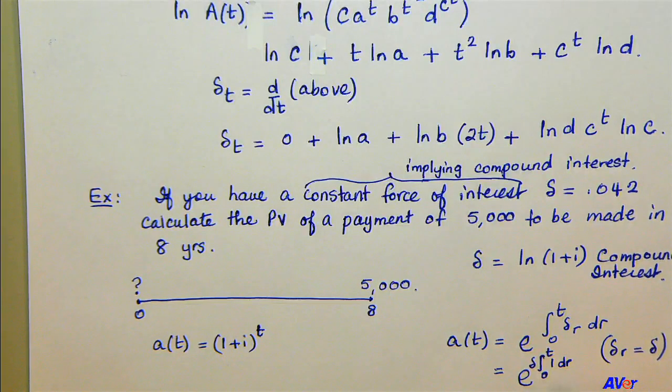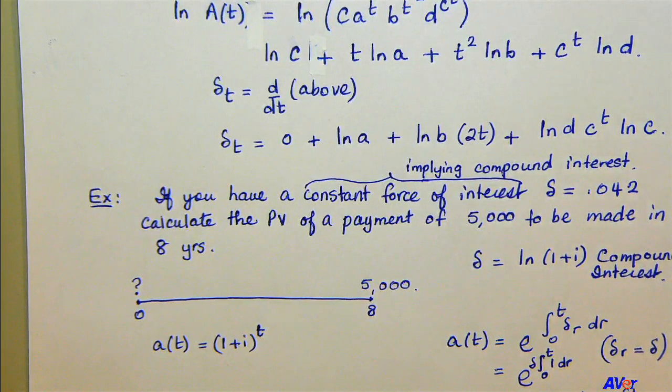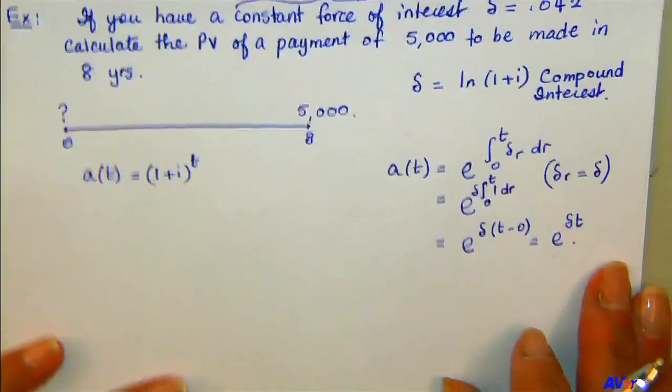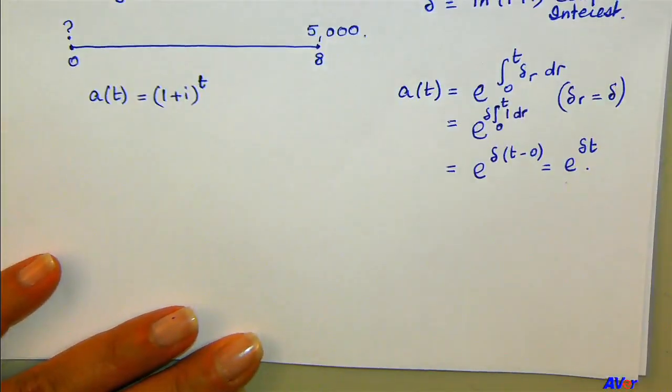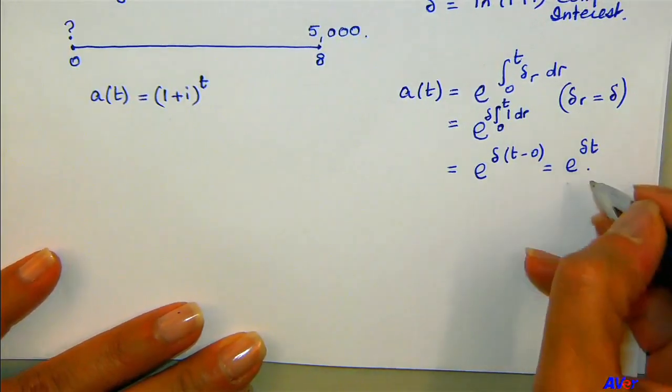So this is just e to the delta t. Finished. Every time I have compound interest, it's going to be e to the delta times t. This is a multiplication in the middle, right? E to the delta times t.